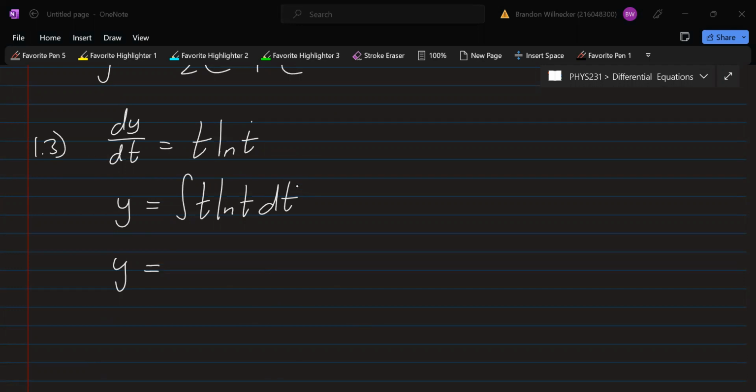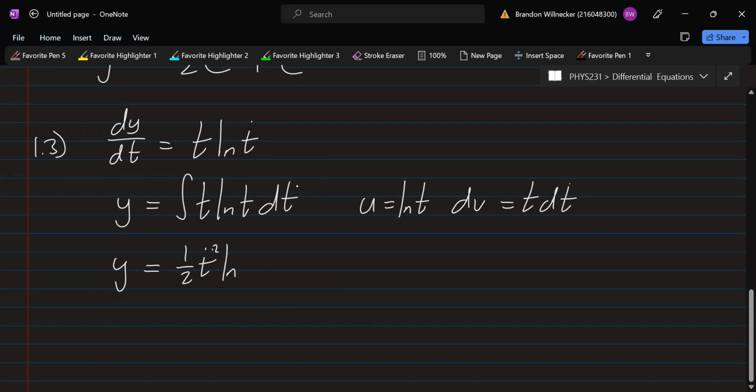So just on the side, we can have u as the natural log of t, dv is equal to t dt. That makes things a lot easier, because integrating the natural log of t is quite difficult, so we would rather differentiate that. So this is going to give us 1/2 t squared natural log of t, minus the integral of 1/2 t squared times 1 over t from differentiating the natural log, dt.